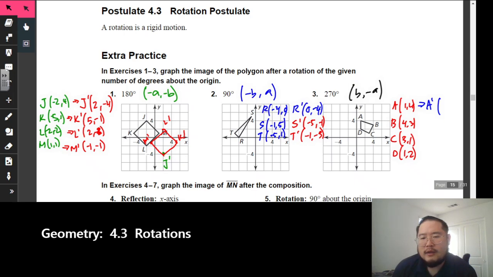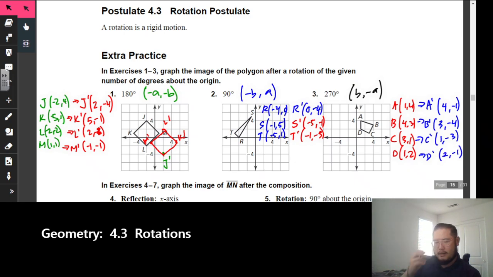B comes first, and then we take the opposite of A, which is negative 1. B prime, we have 3, negative 4. C prime, we have 1, negative 3. D prime, 2, negative 1. All right, and there you go.